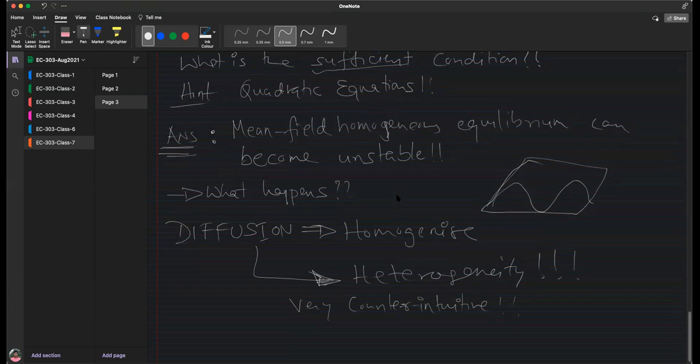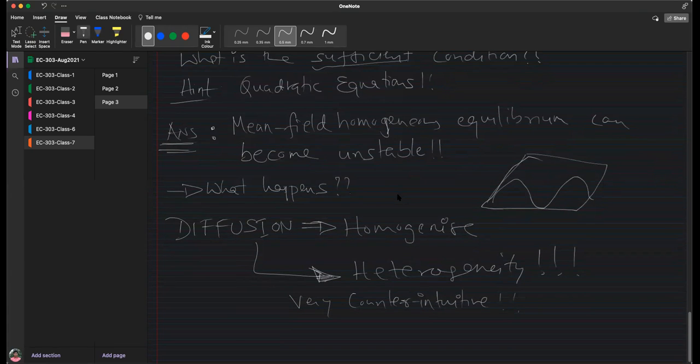So there's another point I want to make, I just forgot. If it is indeed possible that heterogeneity in space can be maintained by diffusion, it has really interesting implications, right? If you see heterogeneous patterns in nature, what is your typical assumption?